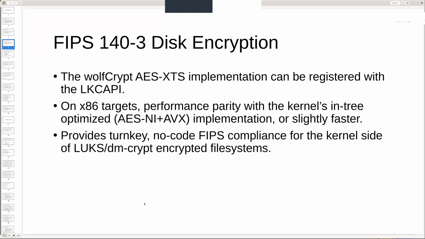You build the library or the module with appropriate arguments, and when you load that module, it installs itself as the highest priority provider for the AES-XTS algorithms. And then when you mount or operate on an encrypted file of one of the Linux file systems, that's the usual entryway of doing performant, modern encrypted file systems on Linux, the cryptography will automatically be fulfilled by the wolfSSL implementation with full FIPS certification and startup self-test.